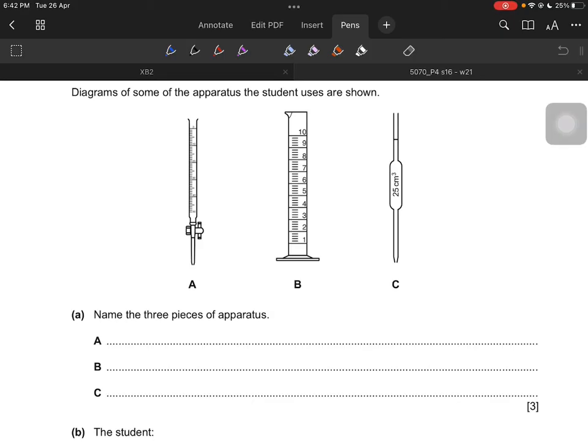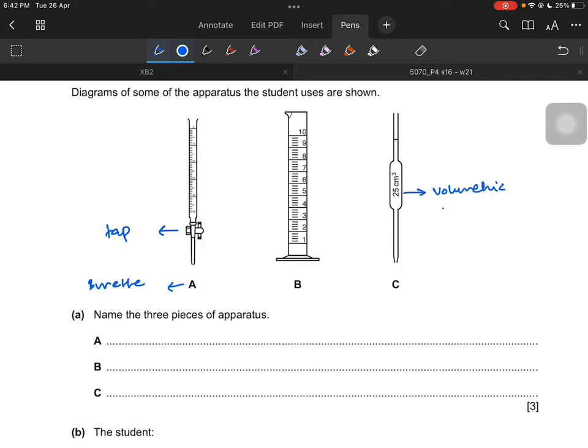So we know that A is a burette. Why is it a burette? Because it has this tap over here. B is definitely a measuring cylinder because it has graduation on it. And C has this bulb over here, so obviously it's a volumetric pipette.